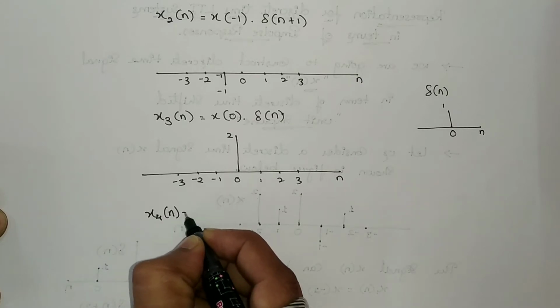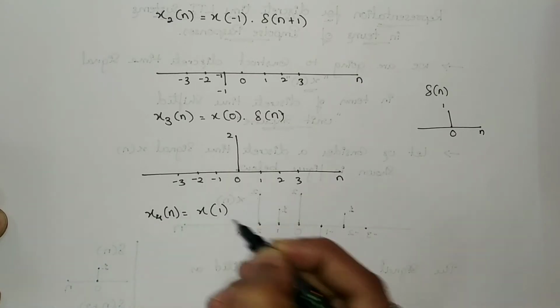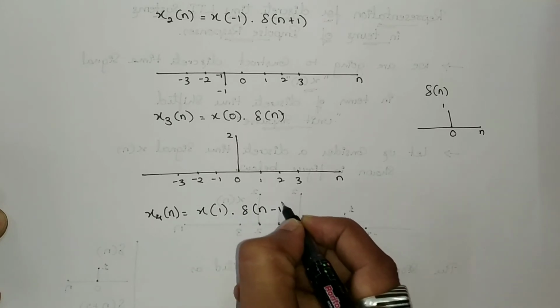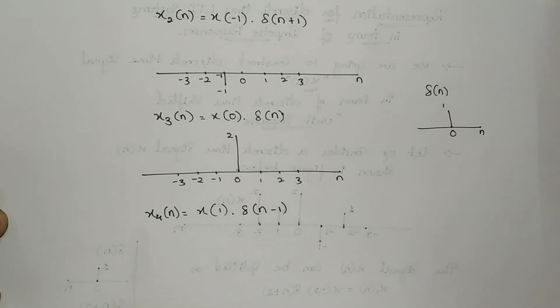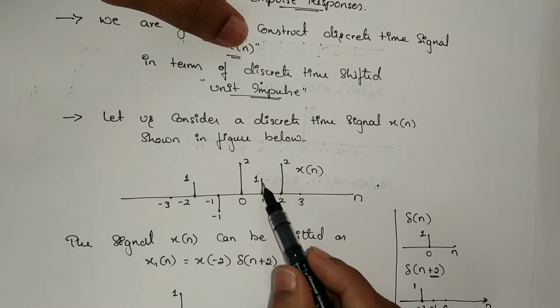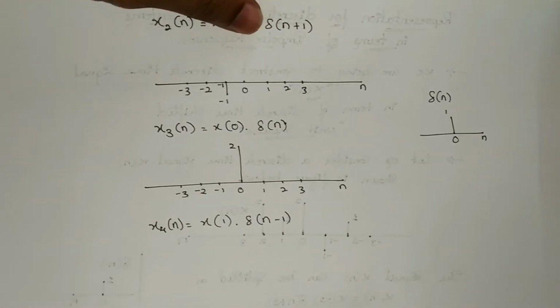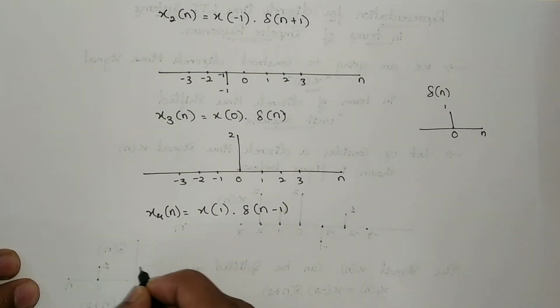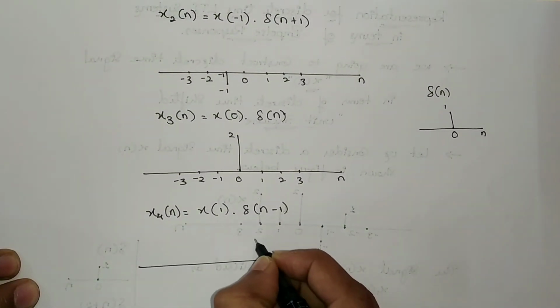Similarly, x4 of n is equal to, the next signal, x of 1 into delta of n minus 1. We have the value at 1, where the amplitude is 1.